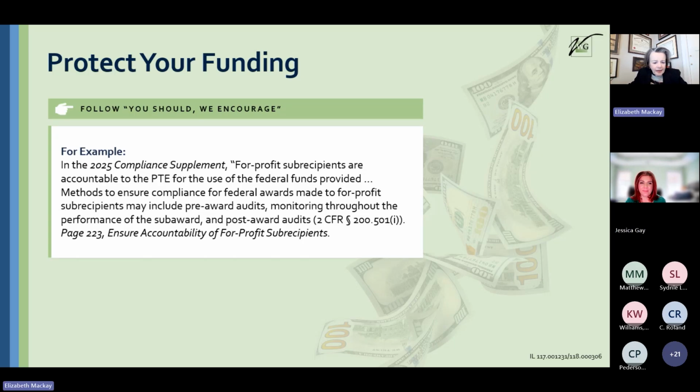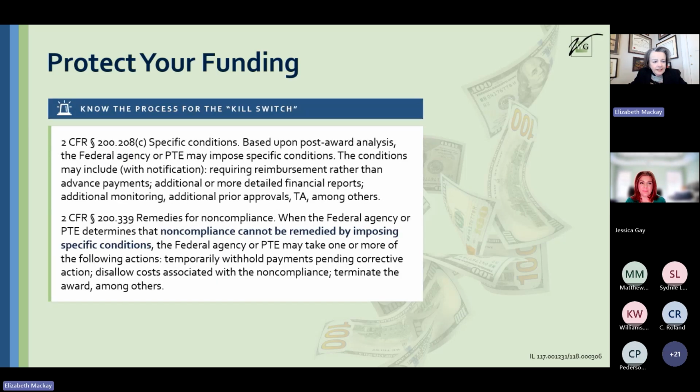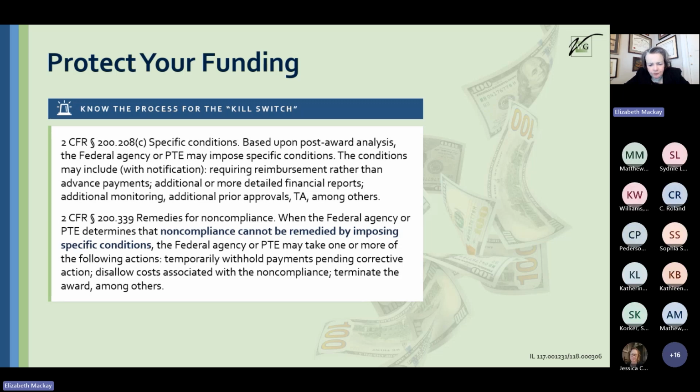Okay, and let's take a look at the next element here in terms of protect your funding. Now, kill switch refers to the withholding or termination of your funding.